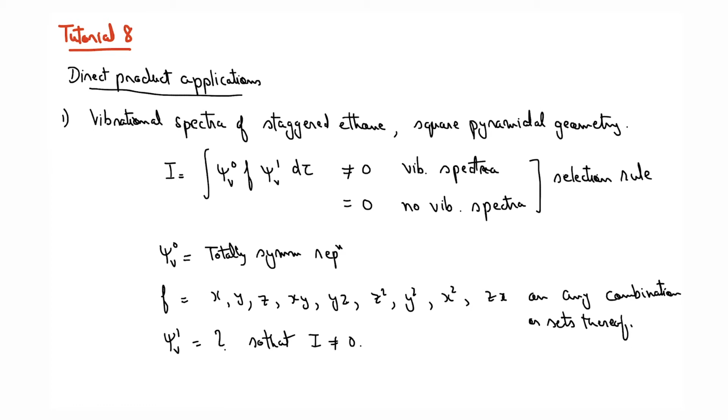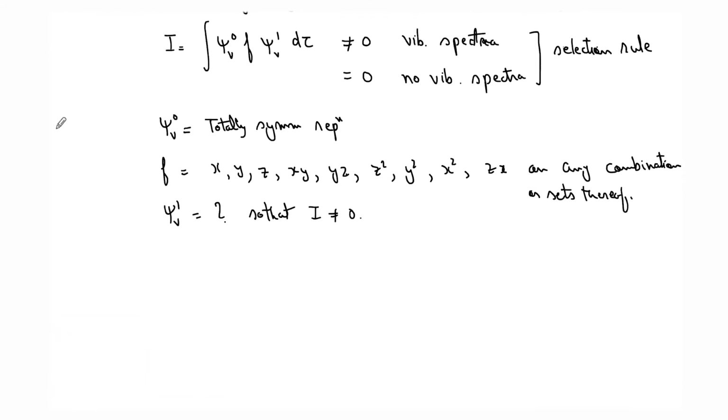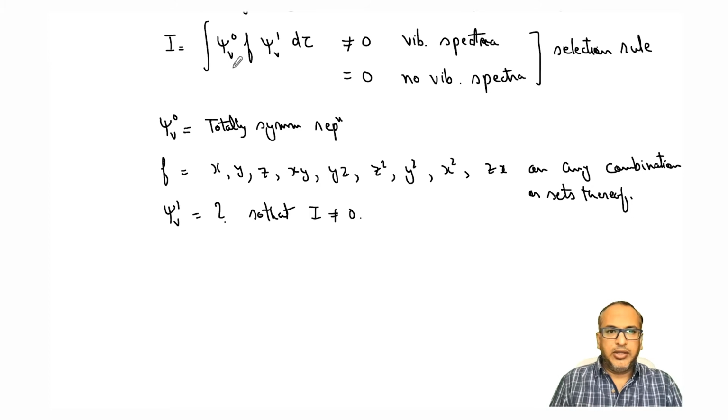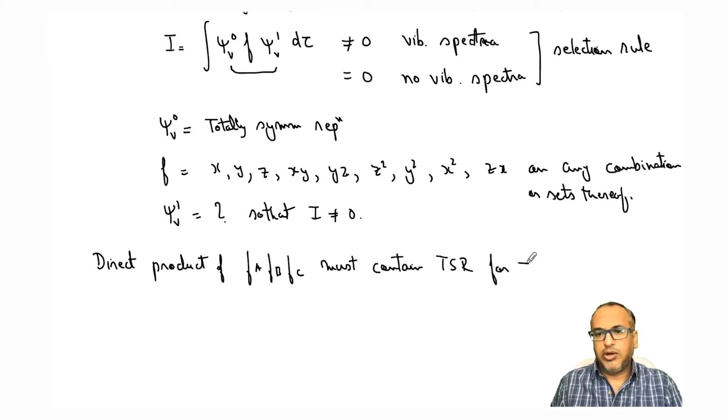So now try to remember under what conditions the I does not go to 0. What are those conditions? The direct product of all these three, let's say FA, FB, FC, must contain the totally symmetric representation for I not equal to 0.